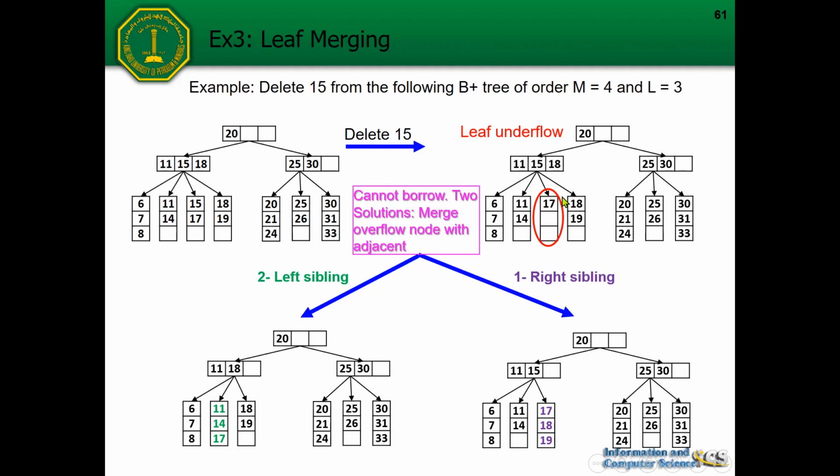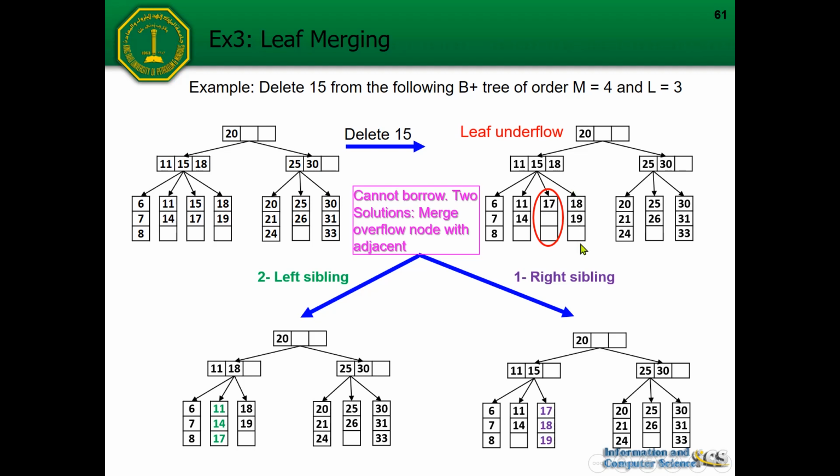Okay, now we can see that both the left and the right sibling contain only 2 keys, which means that we cannot borrow a key from them because they already have the minimum number of keys that is allowed. So we need to do the merging operation.